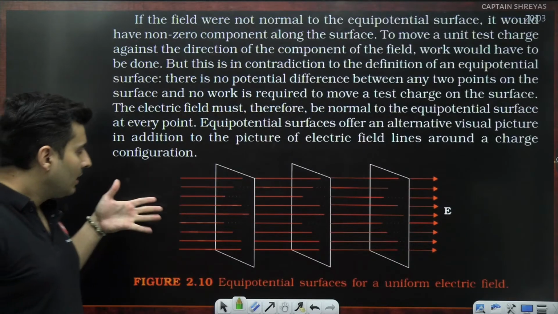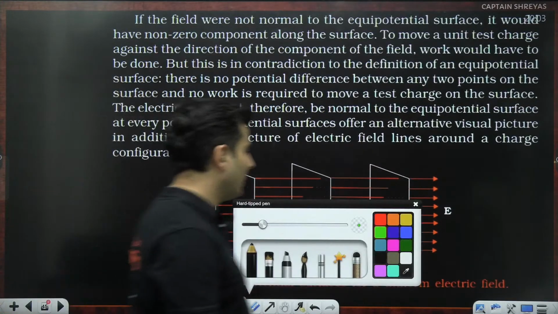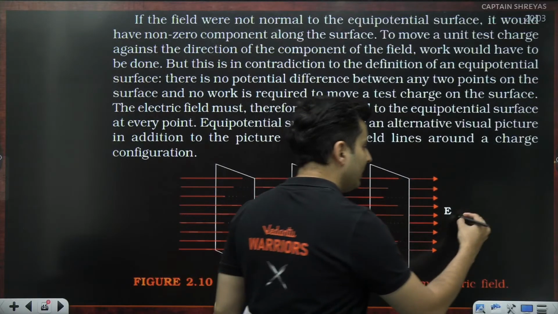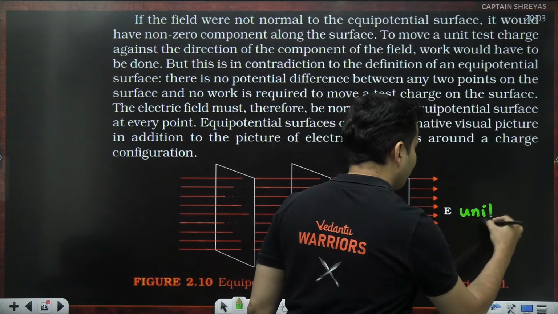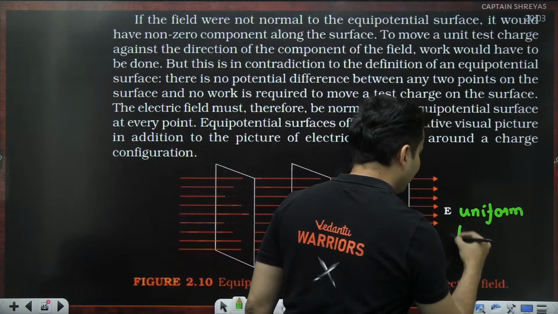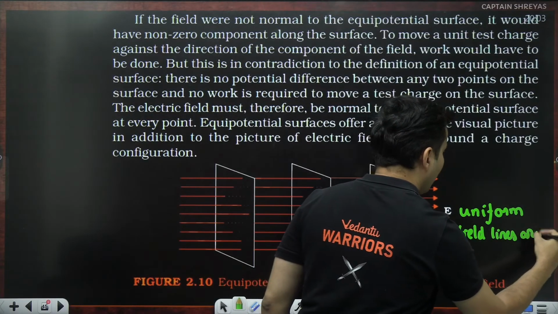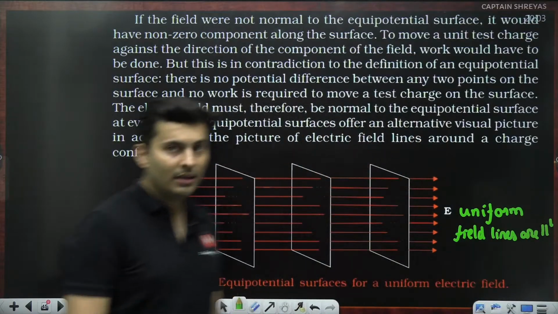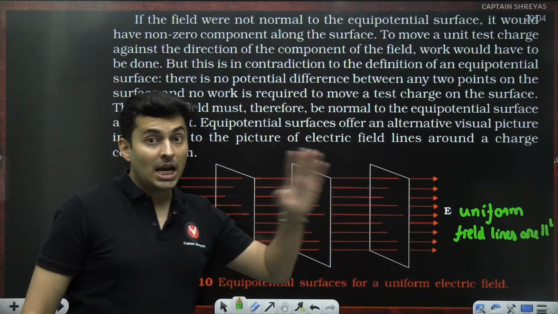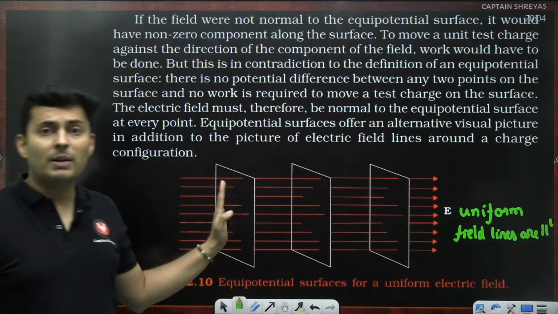See guys, if electric field is uniform, that means the field lines will be parallel to each other. Do you see that? The electric field lines are parallel. And what about the equipotential lines? They should be perpendicular.